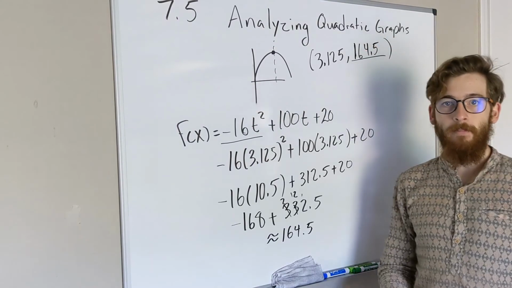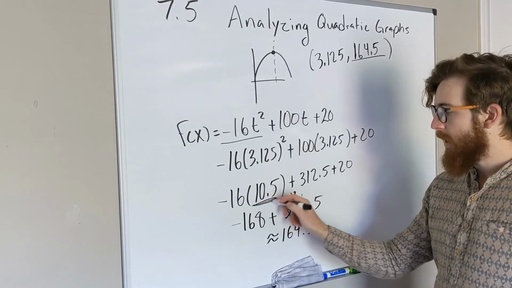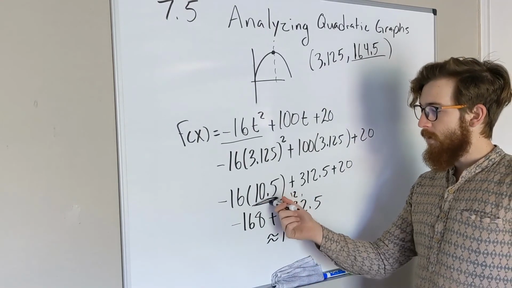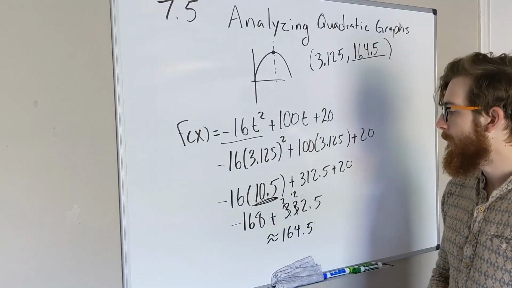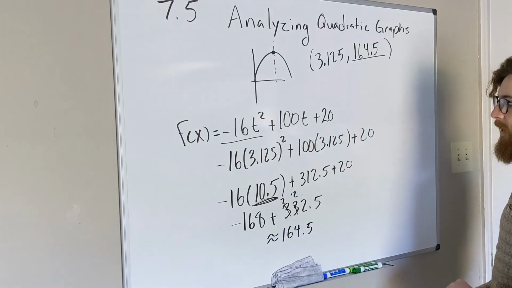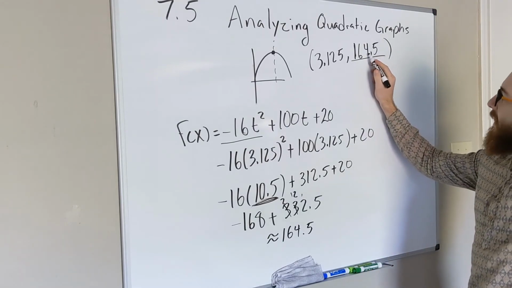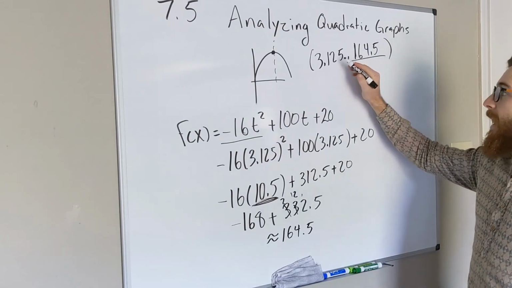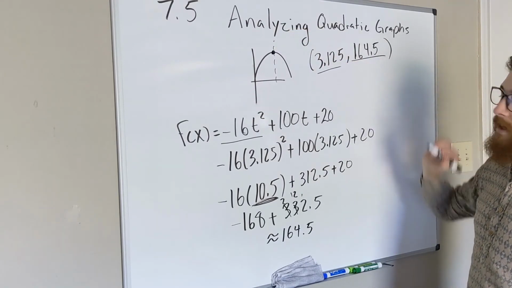Now, my answer is different from the book's answer because I rounded here. I think the actual value here must be closer to 10. But anyway, this would be the height of the rocket at its maximum value. So we have the time and the height.